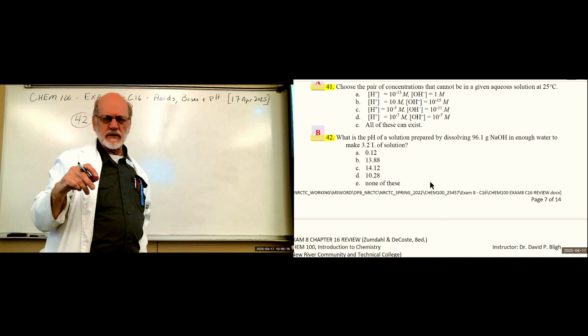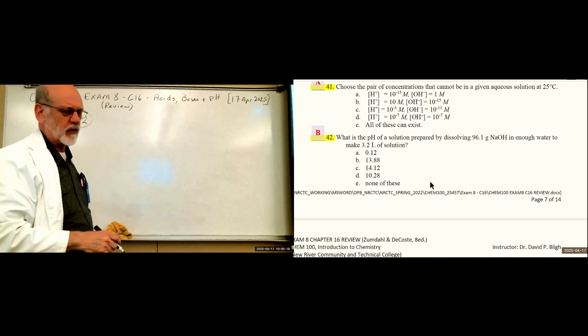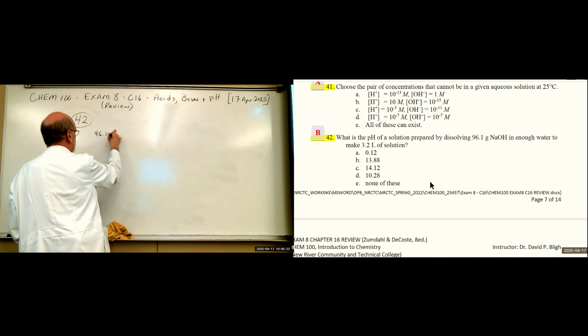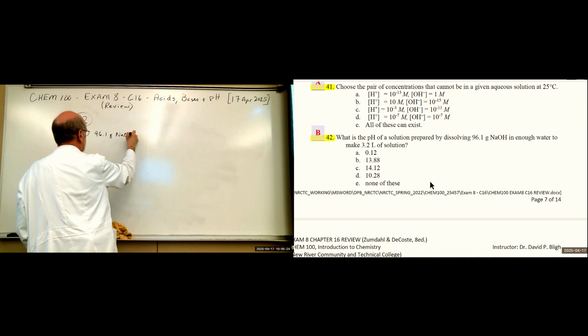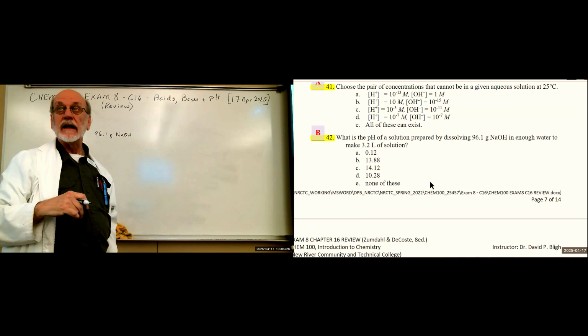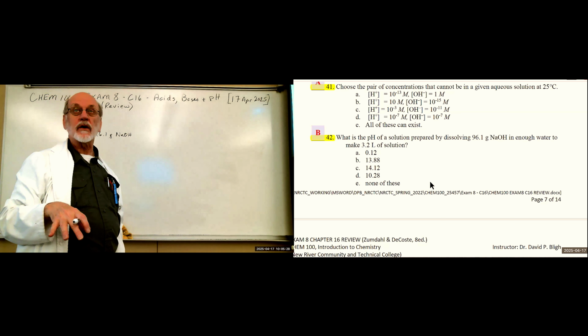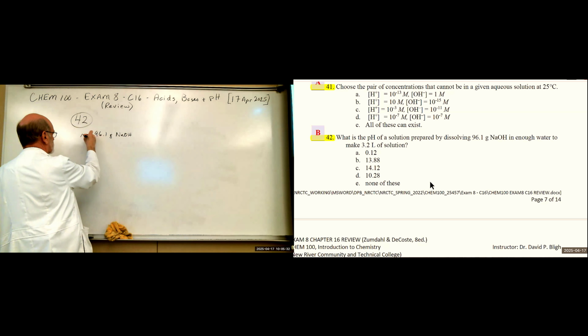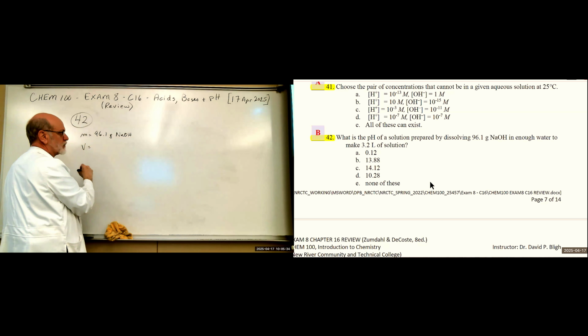What's the pH of a solution mixing 96.1 grams of sodium hydroxide in enough water to make 3.2 liters? So this is the mass. This is the volume, 3.2 liter.